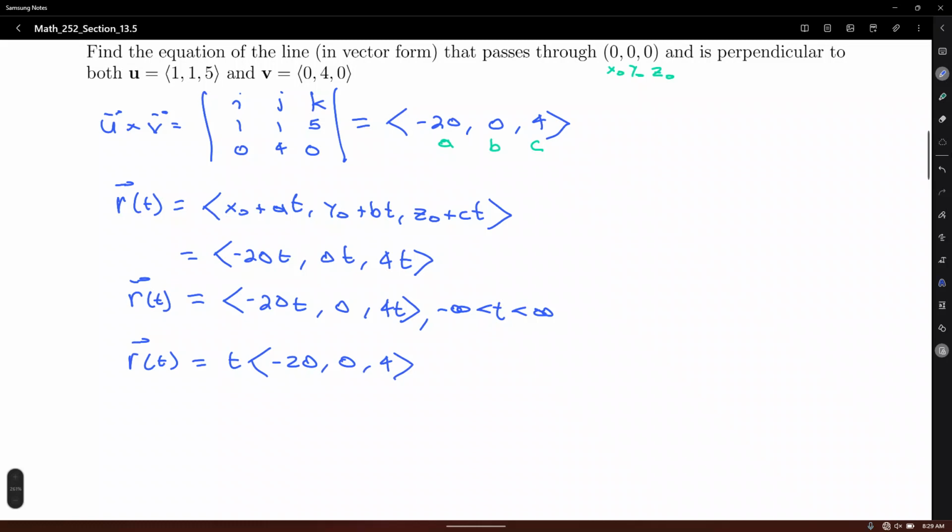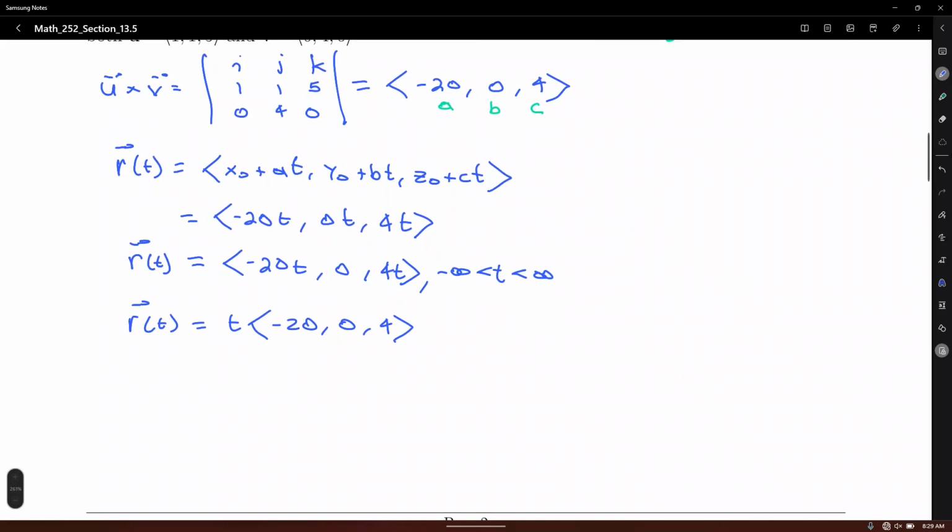And well, one thing worth noting here is the components of this vector. So do you guys agree that we could reduce to lowest terms? Because all these components are multiples of 4. So actually, that's something we can do. So rather than having all these big numbers, this is the same as saying t, divide everything by 4. We get negative 5, 0, and 1.